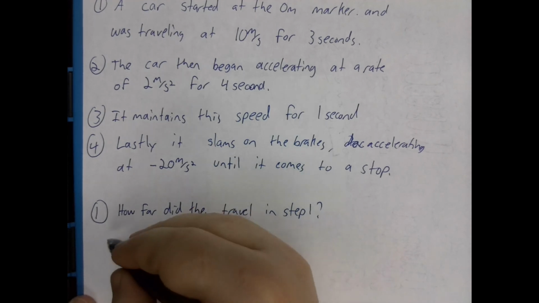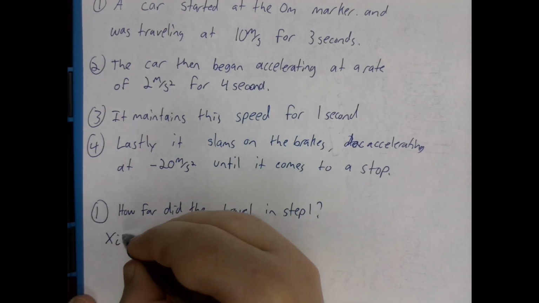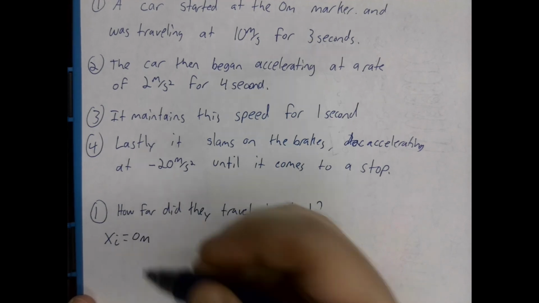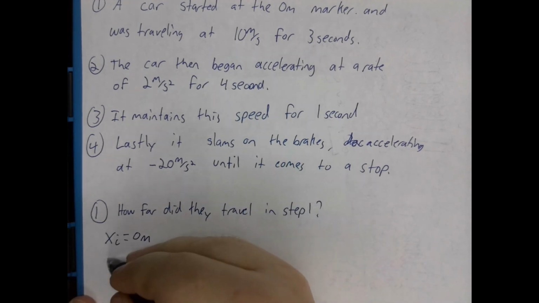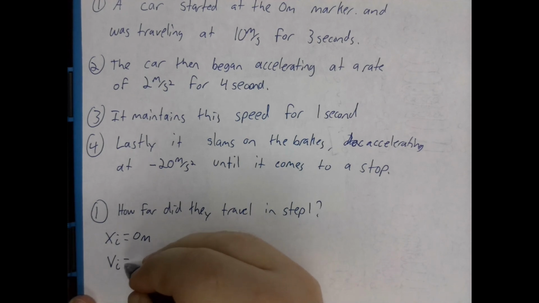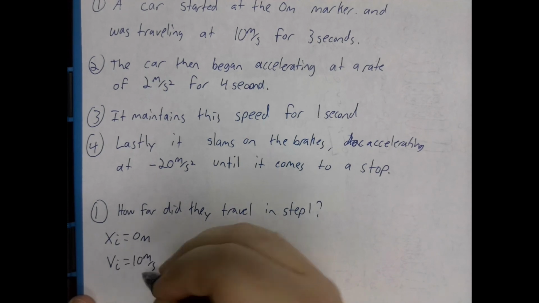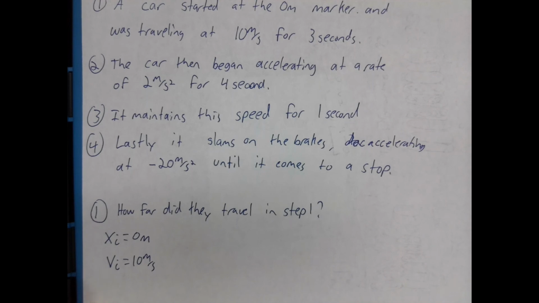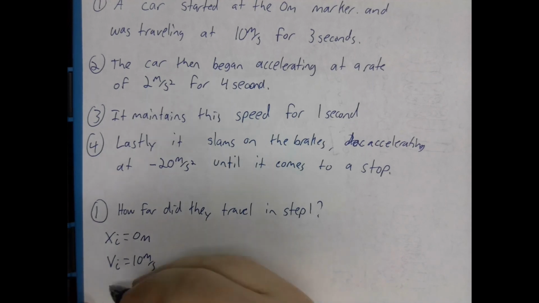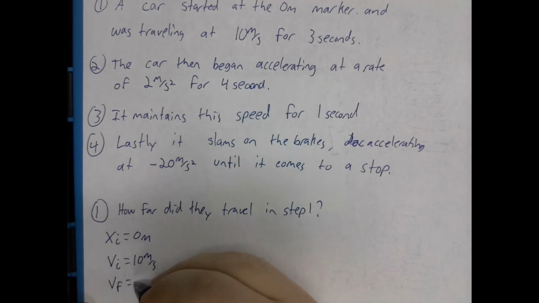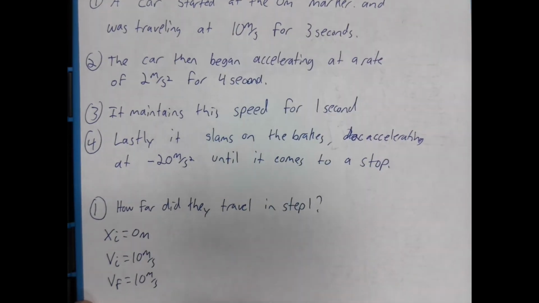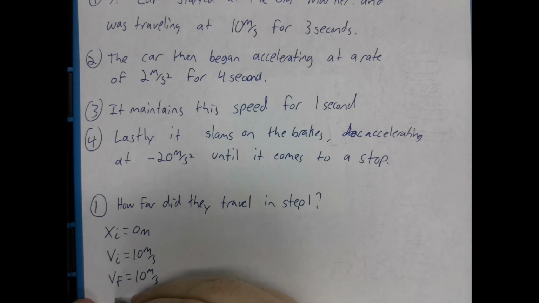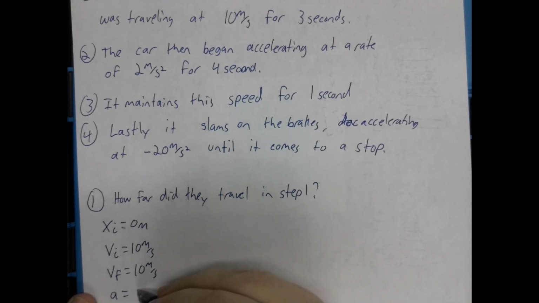So our initial x starting spot is 0 meters. We're traveling at a velocity of 10 meters per second. Does the velocity change throughout it? No, so the final velocity is also 10 meters per second. If the velocity stays the same, that means acceleration is 0.